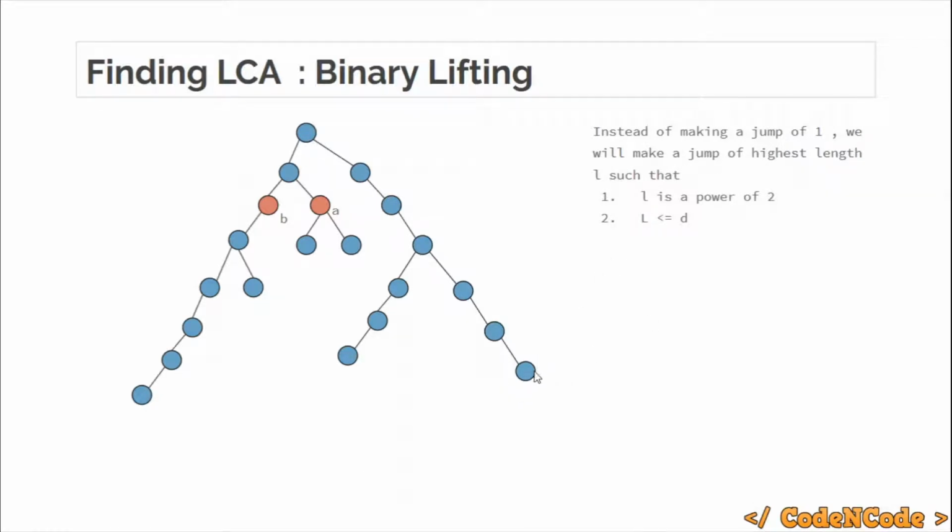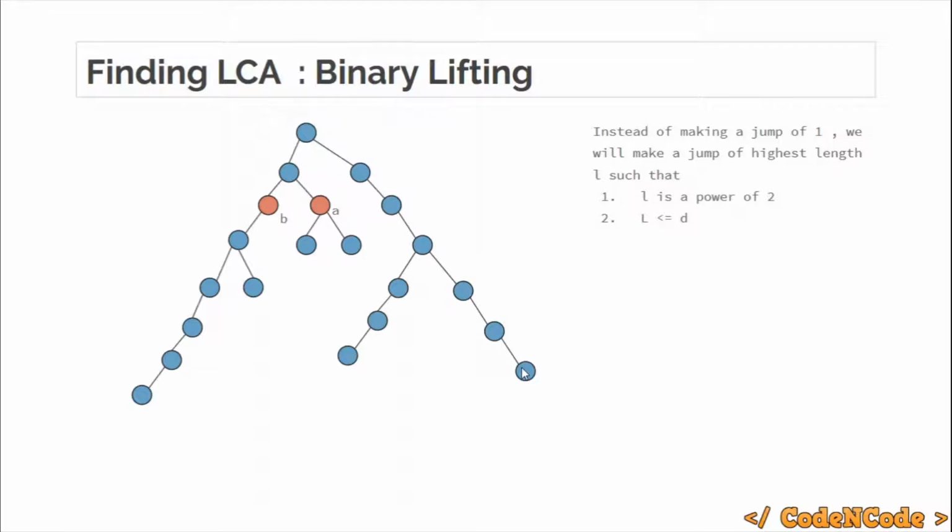For that, how many parents do we have to store for each node? As you can see, for this node we have to keep a list of length 3, because 2 to the power 0th parent, 2 to the power first parent, and 2 to the power 2nd parent.